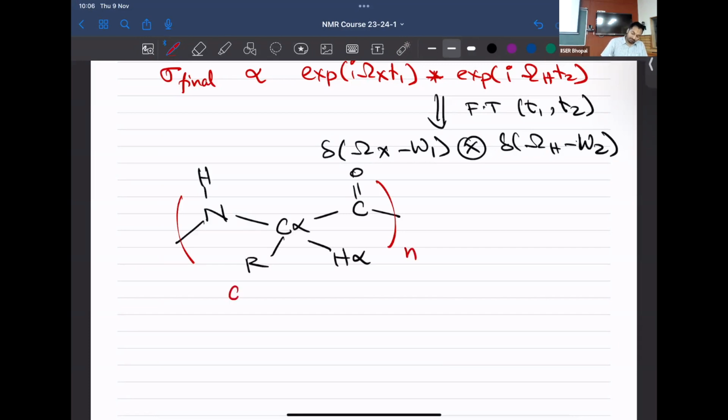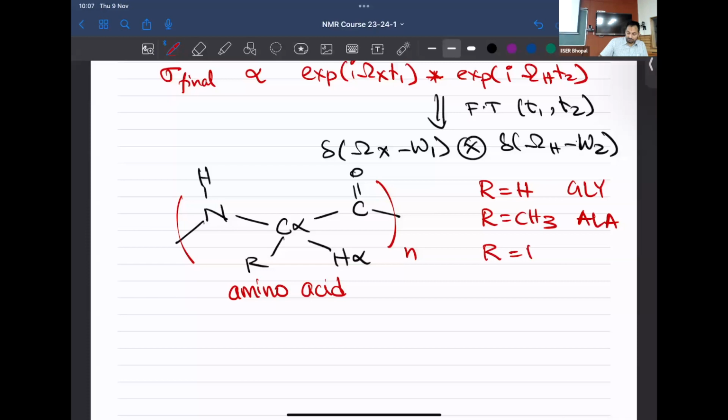This is a general structure of an amino acid, where if R is equal to H, it becomes glycine. R equal to CH3 becomes alanine. And for instance, R equal to CH2Ph, sorry, a phenyl ring with CH2, will be phenylalanine. R equal to CH2-Ar-para-OH will be tyrosine, and so on.